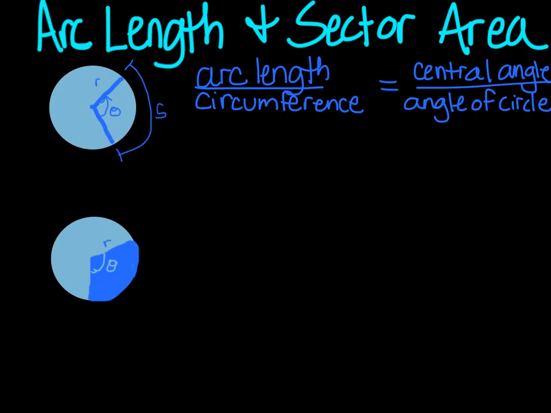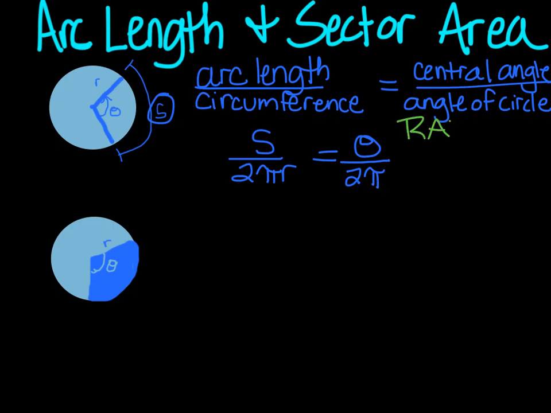So if our arc length is S, and our circumference is 2 pi r, the central angle is theta, and then the angle of a circle, we now know in radians, is 2 pi. So very, very important that we say this has to be in radians.